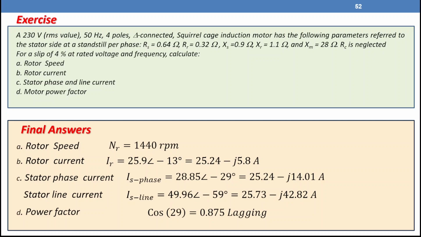And the power factor is cosine theta V minus theta I. If we choose 230 volt, which is line value equals phase value in the delta connection, so that one was angle 0, so theta V is 0, and theta I is minus 29, so the power factor is cosine 29 degrees, which is the angle theta V minus theta I for phase values. So that one gives you 0.875 lagging. Please solve the problem and check yourself.